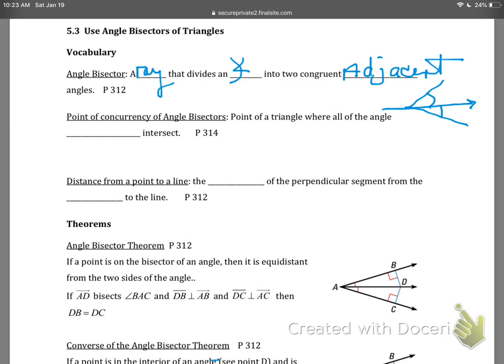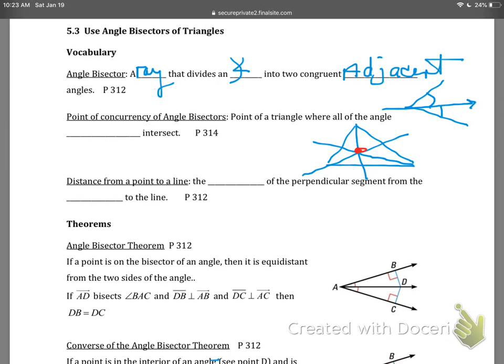Alright, next thing, point of concurrency of angle bisectors. So now we're in a triangle, and if you have angle bisectors for each of these angles, what's going to happen is they will all connect right here in the center of the triangle.